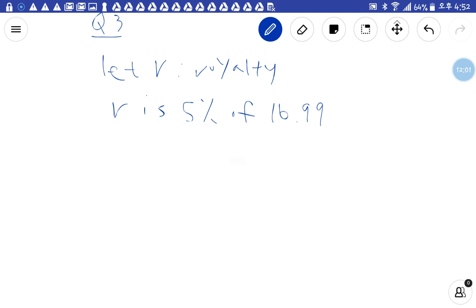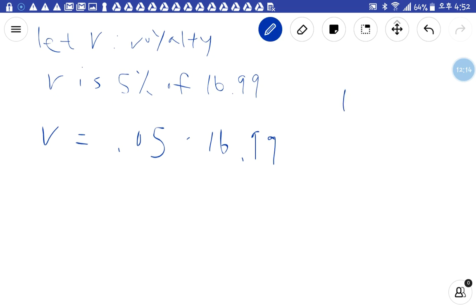So let me set it up as an equation: R equals 0.05 times 16.99. So let's multiply them together.